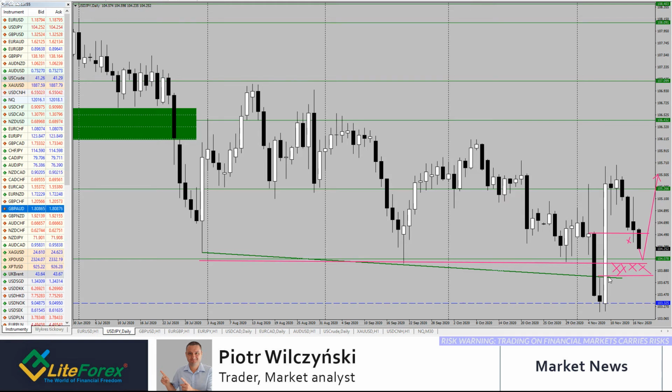So it's based on the yields. Yields are not in my favor right now, but I do believe the situation will change once we are going to get the data later today, and the Powell, as I mentioned before.